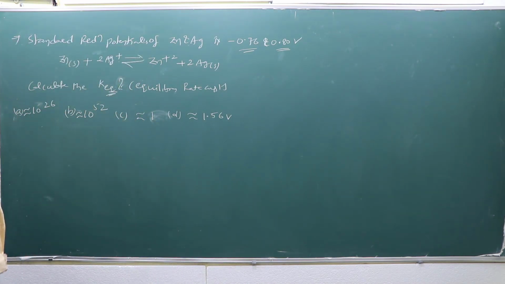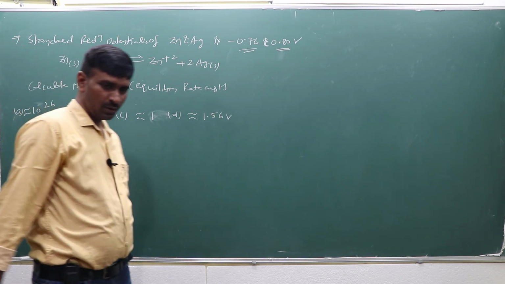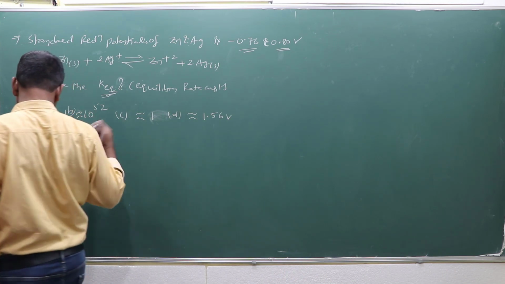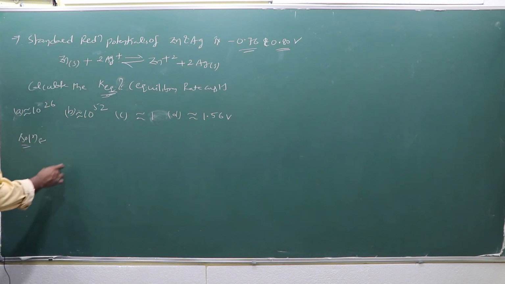So which one is the equilibrium rate constant? Earlier I mentioned the formula for the calculation of the equilibrium rate constant. You can check the concept of how to obtain that equation, and I can also explain it in the next equations. Check the last videos, last class.